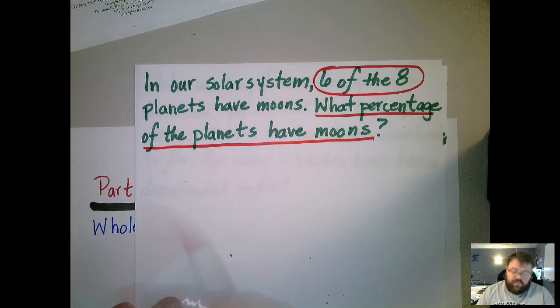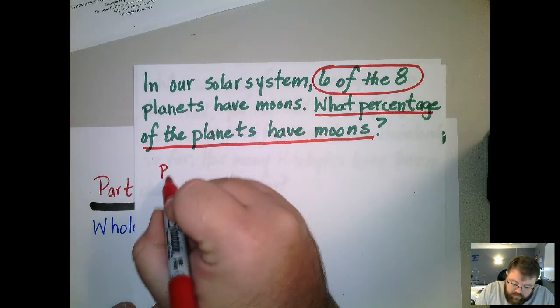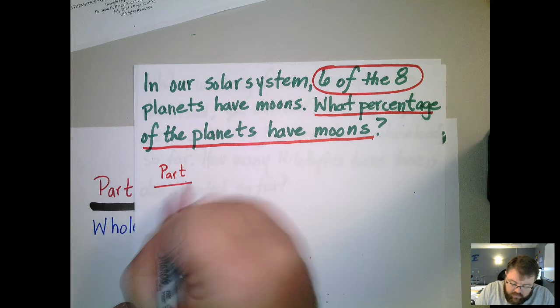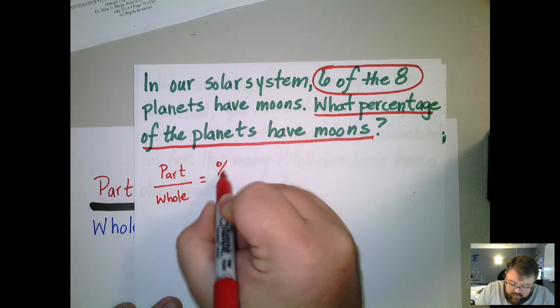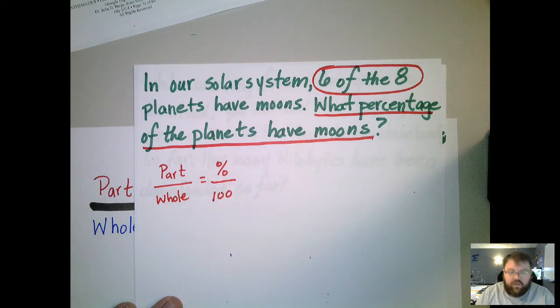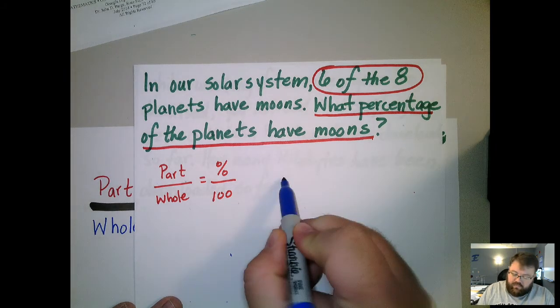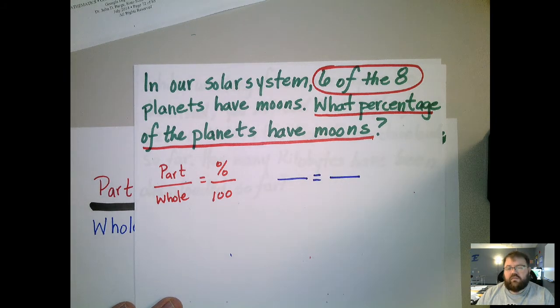Now, remember, we have part over whole equals percent over 100. What I like to do is go ahead and start your problem, line equals line.